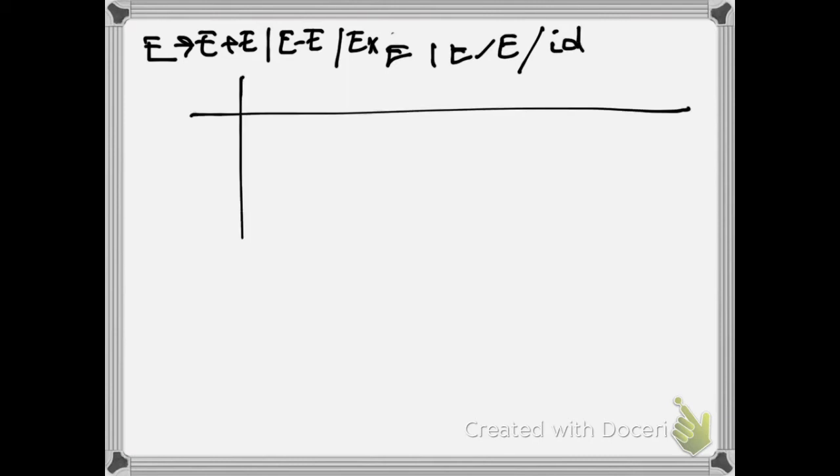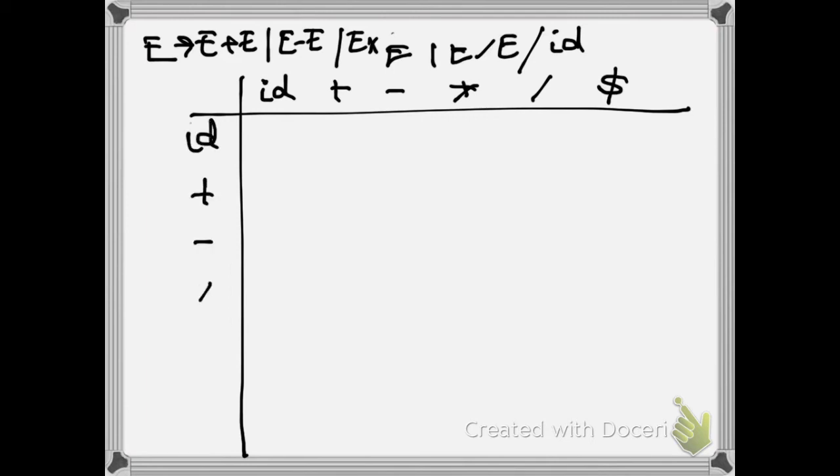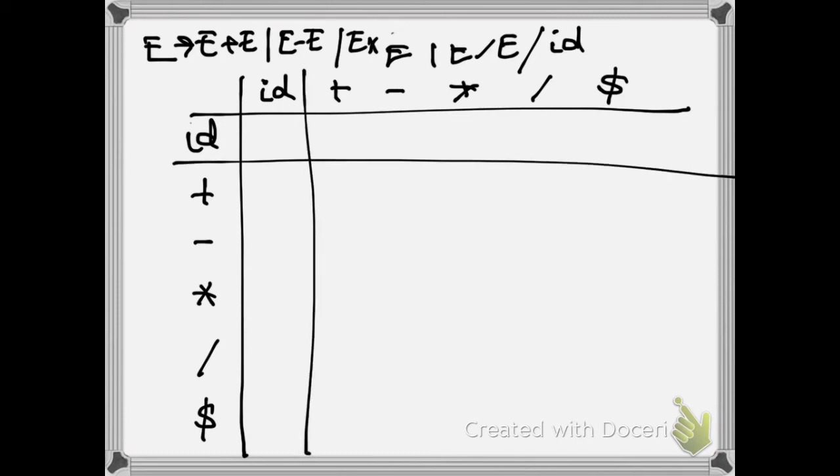This is my grammar. Here I have the operators plus, minus, multiply, divide, and ID. These are my terminals, so I will have rows and columns for each of these. I put ID, then plus, minus, multiply, divide, and $. There is no order to be maintained, but you put it in the same manner along the rows also: plus, minus, multiply, divide, and $.